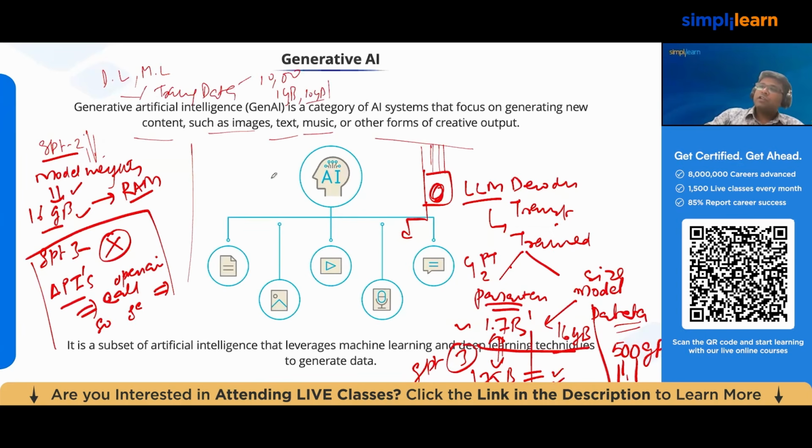But for generative AI, it is trained on huge volumes of data. Firstly, you cannot accumulate that much data. Secondly, it requires hardware to run and perform the training.